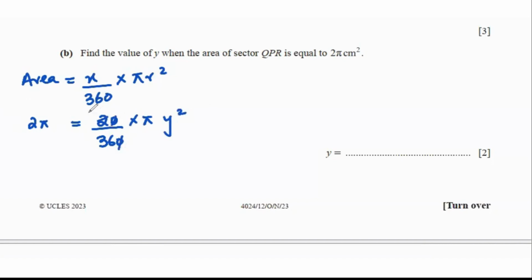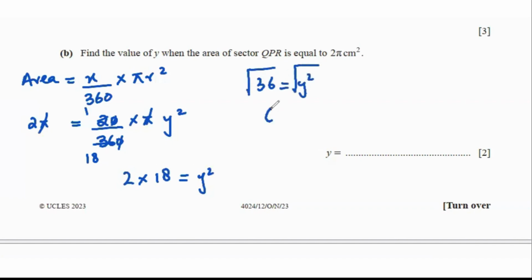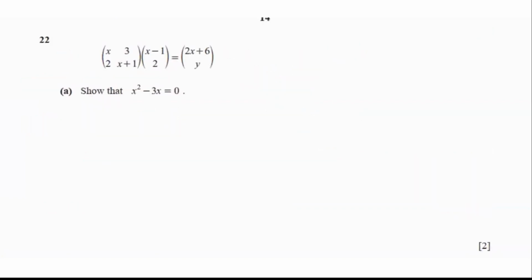Zeros get cancelled out. 2 ones are 2. 2 18s are 36. Pi is getting cancelled out. So we have 2 times 18 equals y square, which is 36 equals y square. Square root of both sides. 6 is y.